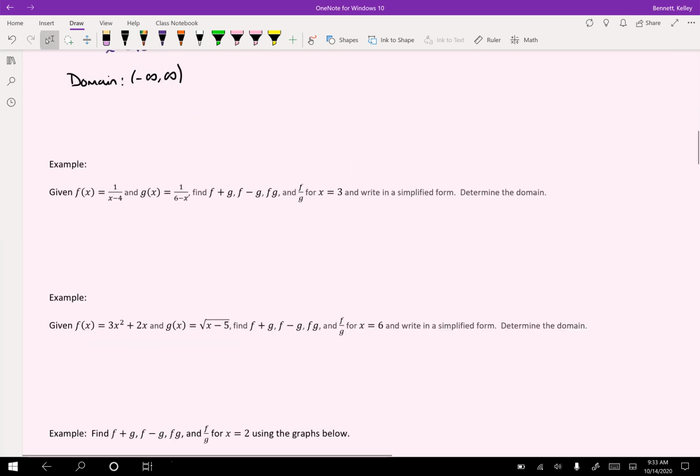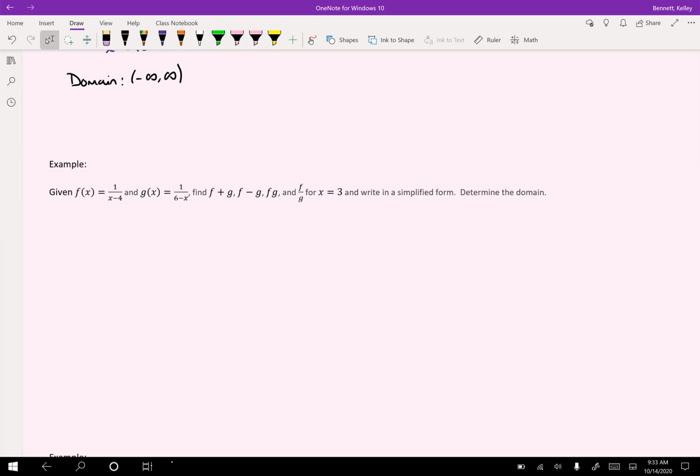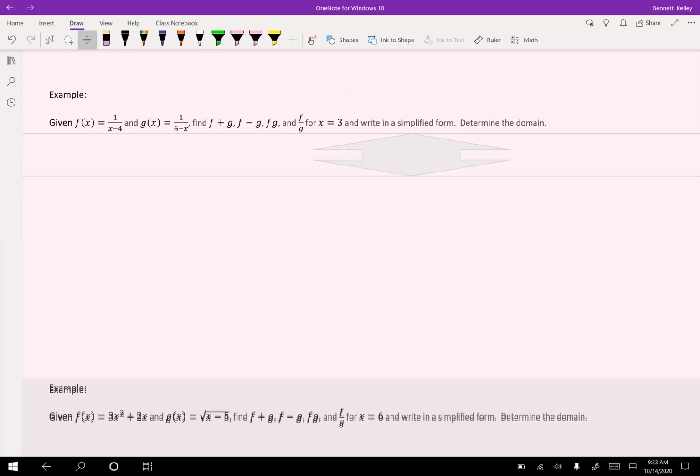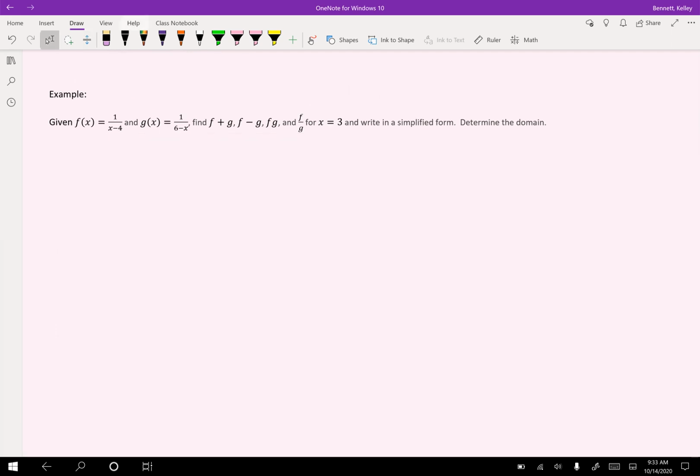All right, so the next example we have is a little bit trickier, because now instead of having two polynomials, we have two rational functions. So we're just going to do it for the single value x equals 3.